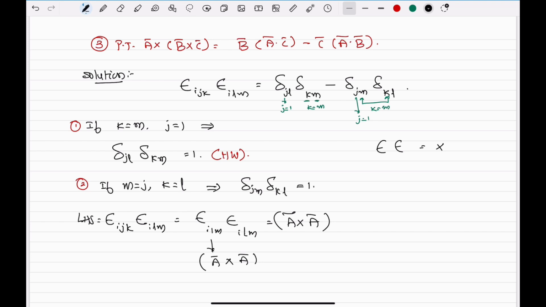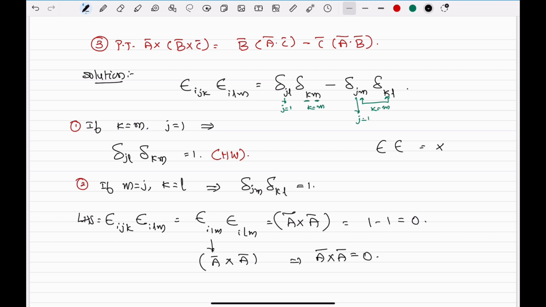Epsilon ILM, IJK will become ILM, that is A cross A, that is equal to, because this will be 1 minus 1, that is equal to 0. That means from this relation also, we can prove A cross A is equal to 0.